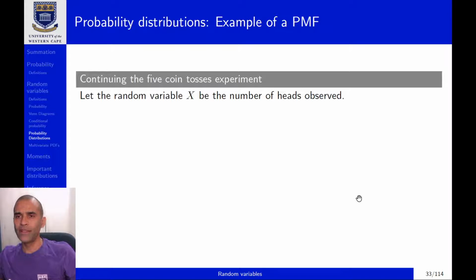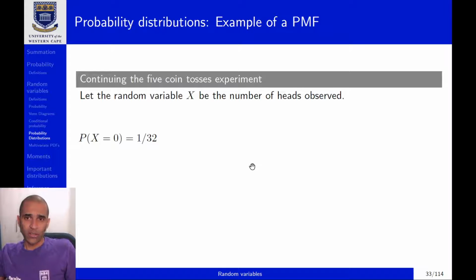So let's use the random variable X, the number of heads observed when we toss a coin 5 times. So this is the experiment that we've been dealing with throughout the Appendix A slides. How do we express this as a probability distribution? Well, we can simply assign to each possible outcome of X the appropriate probability.